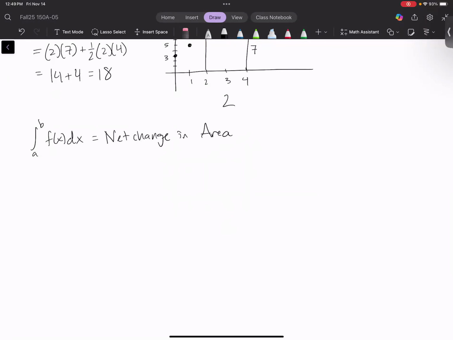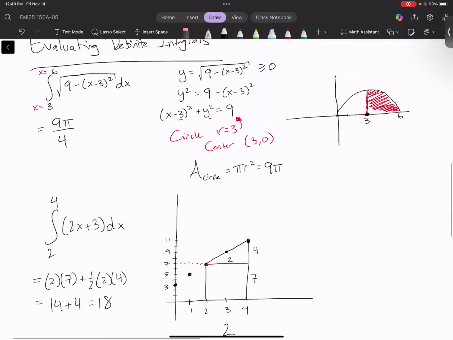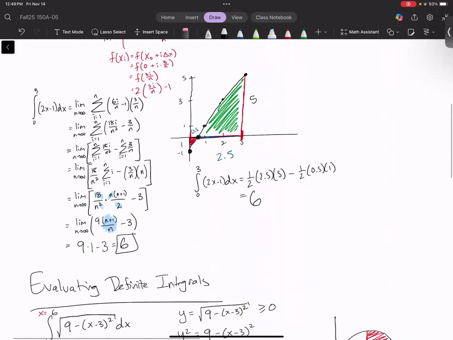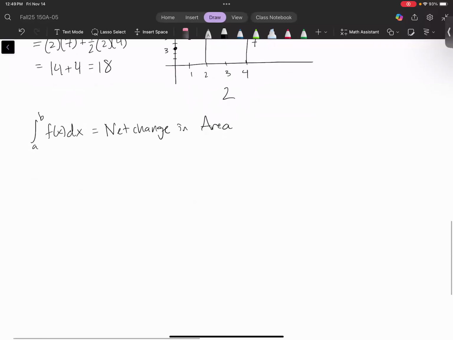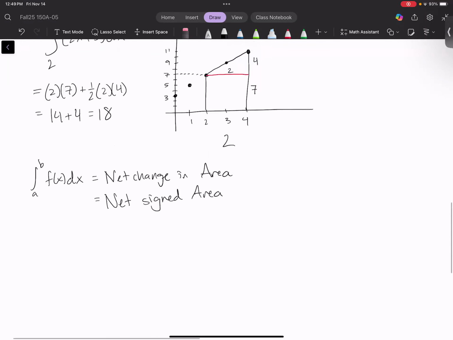We saw this example with this triangle here. Sometimes we call it net signed area. Signed meaning the area isn't simply the area, but it has the sign attached to it. So it's positive if it's above, and it's negative if it's below.